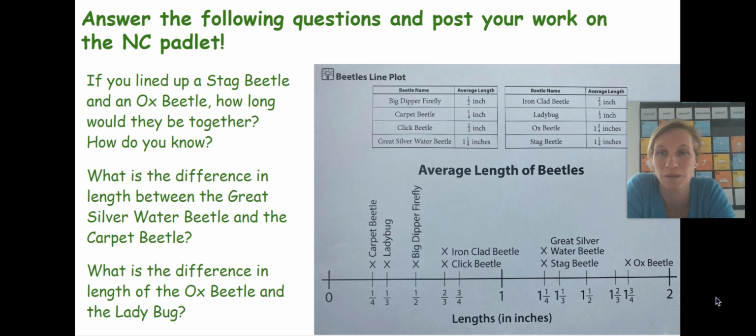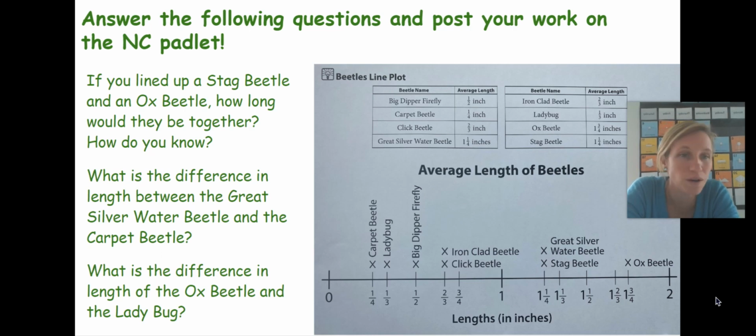Question number 2. What is the difference in length between the great silver water beetle and the carpet beetle? And my final question, mathematicians, is what is the difference in length of the ox beetle and the ladybug?